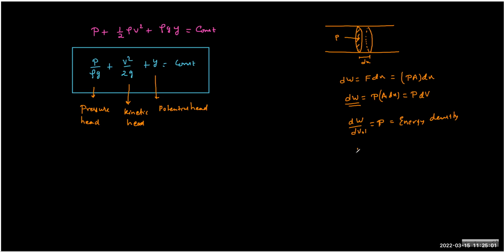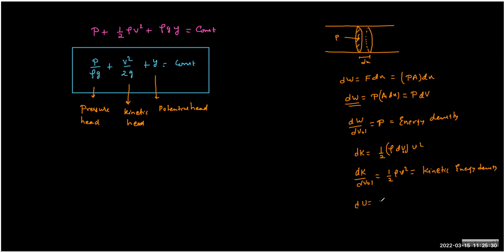Similarly, kinetic energy can act as half dm into v square. So dk by d volume, because the dv means volume only, is half rho v square. So this term is also representing energy density, and we can call this kinetic energy density.